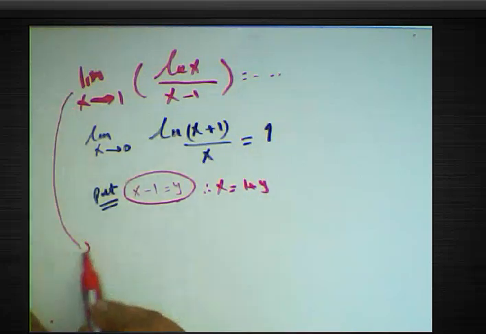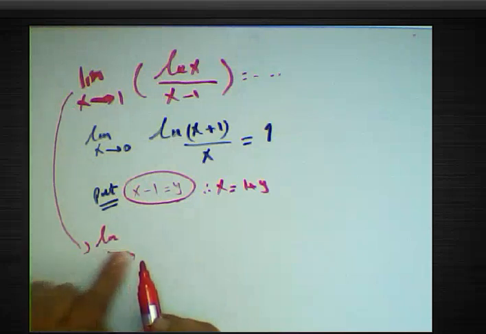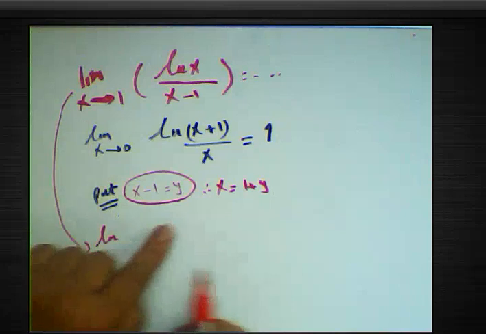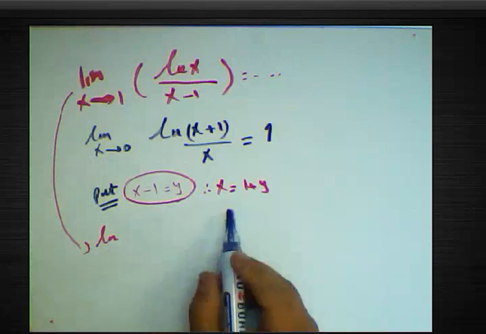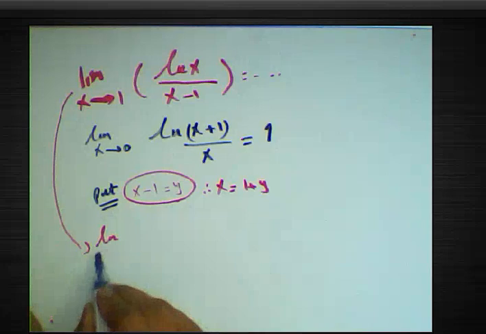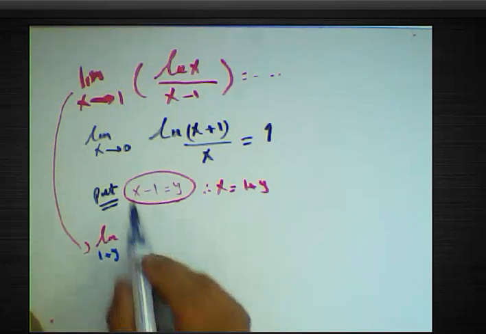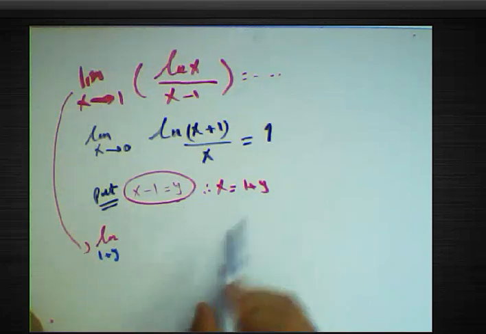Then in this limit, when x approximates to 1, cancel x here and write what? 1 plus y. Right here, put x and write 1 plus y. Okay. When x approximates to 1 here, then y will approximate to 0.